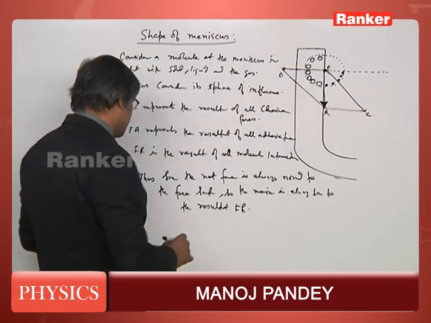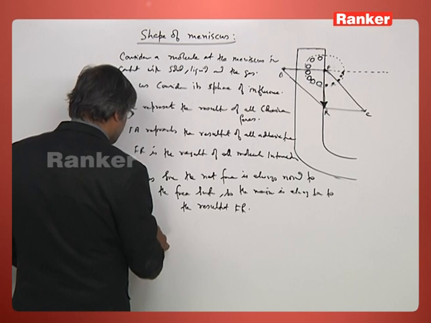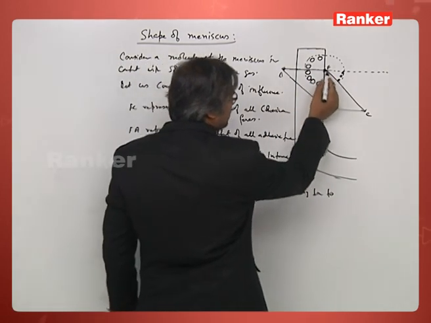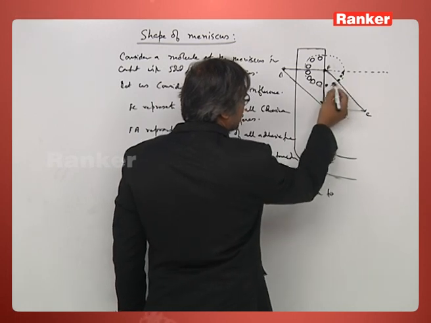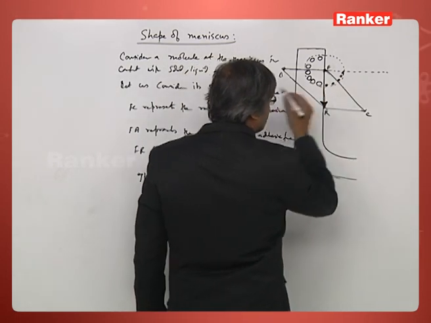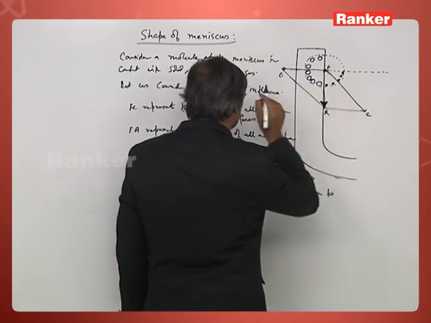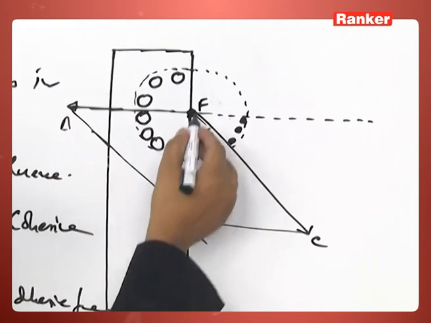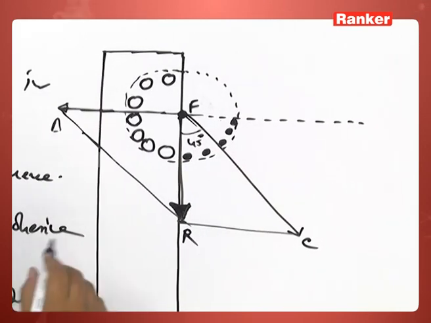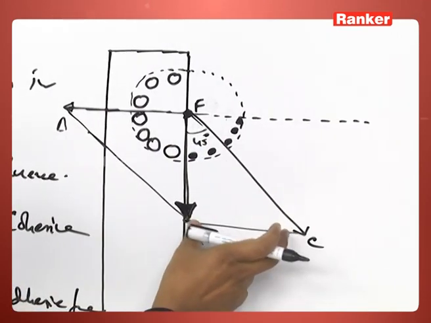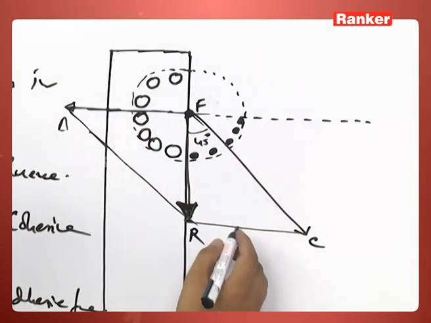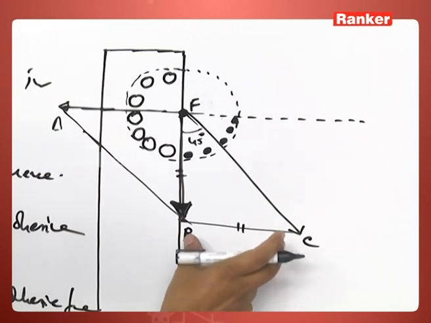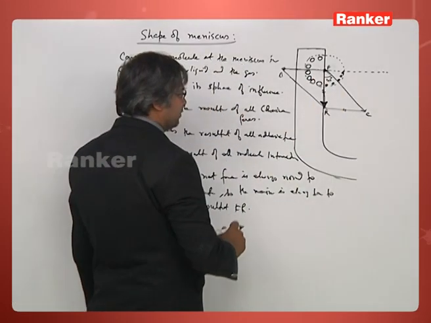Now, case 1. In the present case, this is a horizontal plane meniscus. So this FC is at 45 degrees, and these two sides are equal, that means the adhesive force is equal to this.